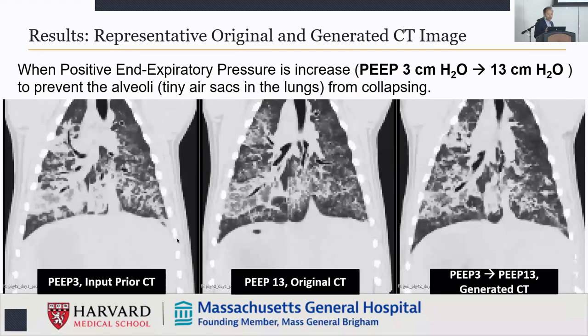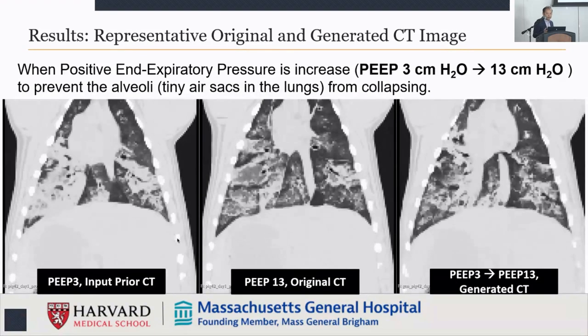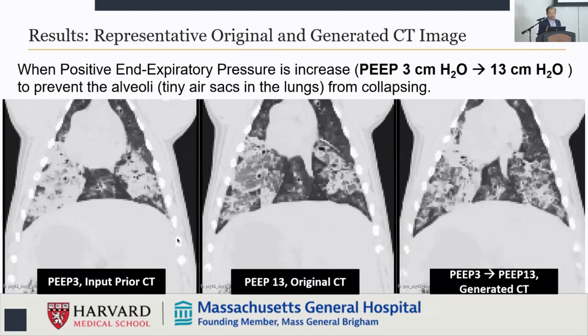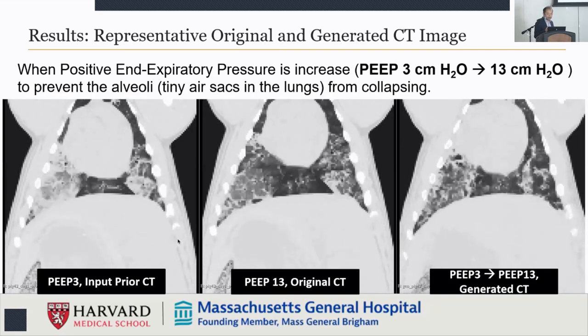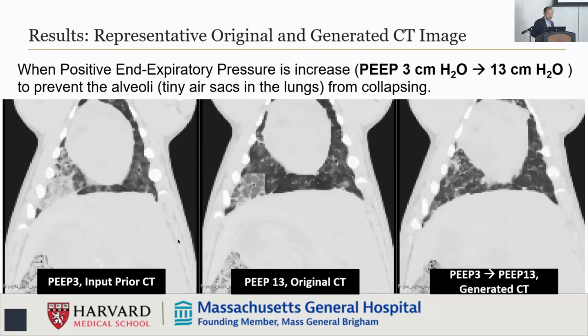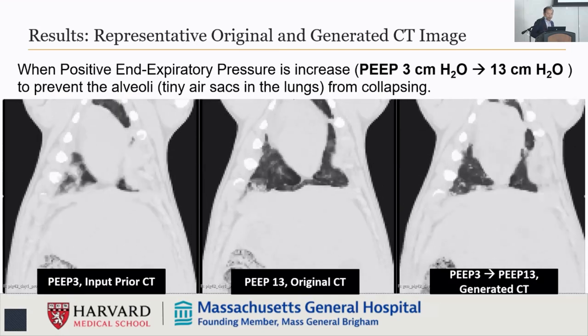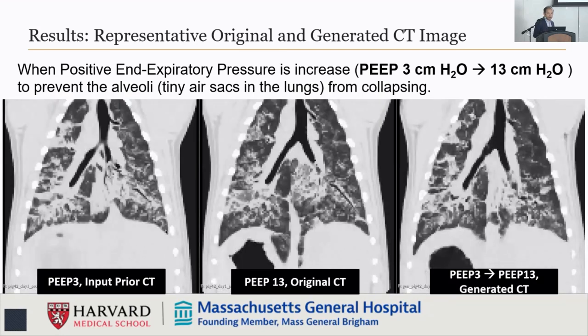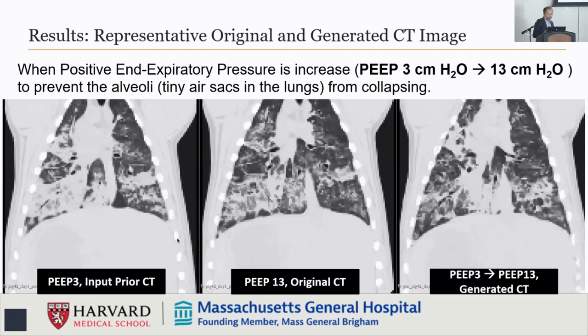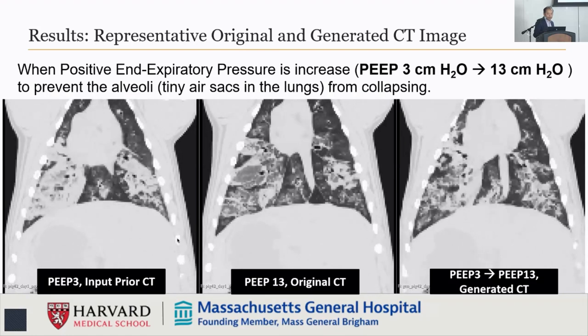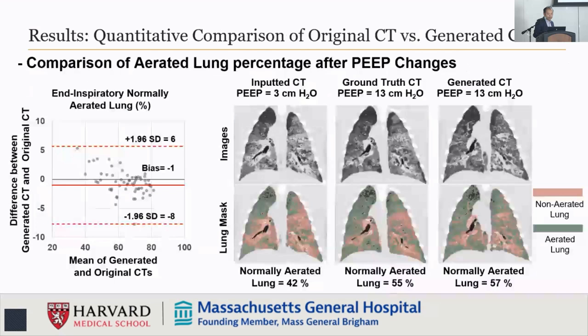If you increase the pressure, you can see that the lung is a little bit different, particularly the lower part of the lung. And the generated image, again, is similar to the original image. But if you look at it quantitatively, this slide compares the generated image and the original image in terms of erosion ratio.